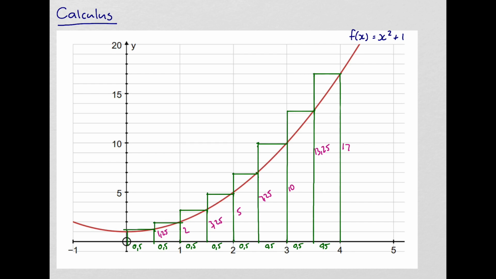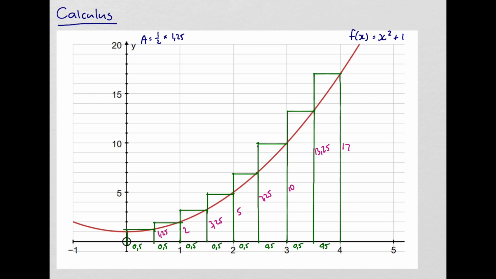To work out the area now of this curve, we're going to say the area is equal to, starting from the left again, a half times 1,25.